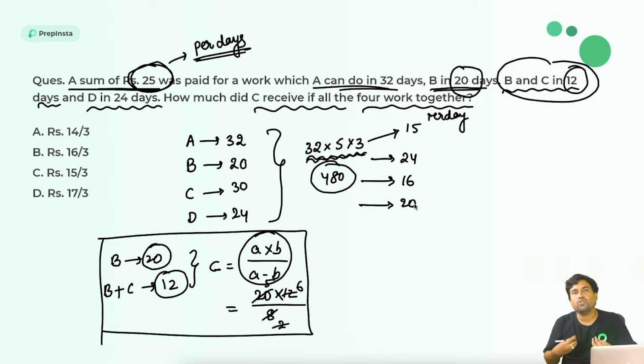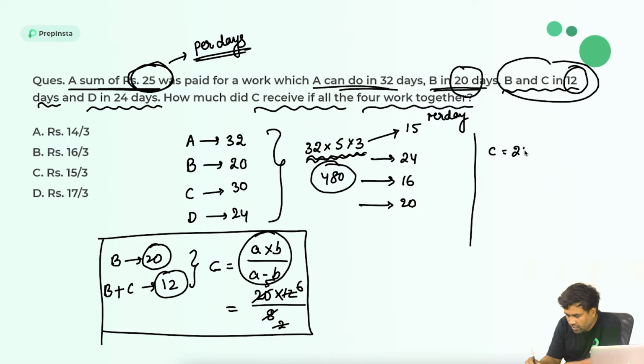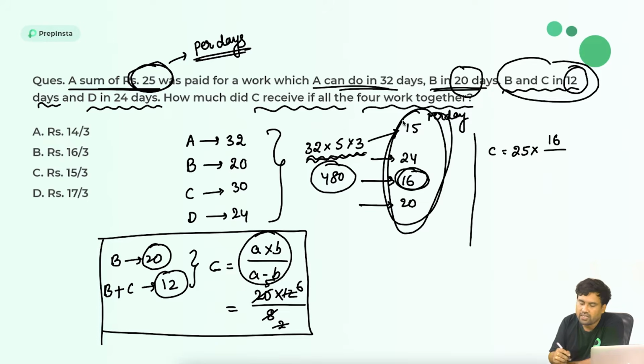What is the amount you need to distribute? So just look here, guys. I am writing the final answer. The amount obtained by C is nothing but 25 rupees into per day work by C. Per day work by C is 16. And what is the total work done by the 4 together? Just add per day work of all 4.